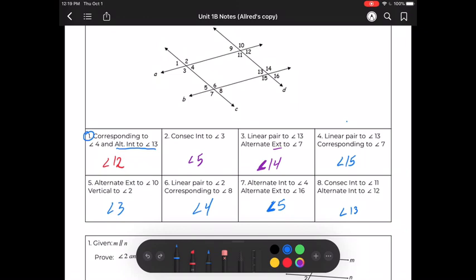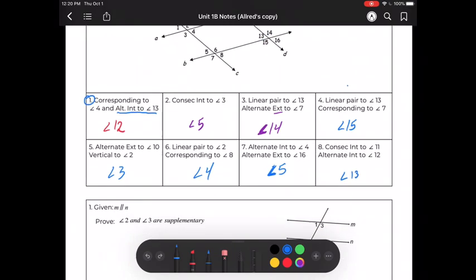And for number 6, a linear pair to angle 2 and corresponding to 8 is angle 4. And for number 7, angle 5 is the one that is an alternate interior to angle 4 and alternate exterior to 16. And lastly, number 8, consecutive interior to 11 and alternate interior to 12 is angle 13.